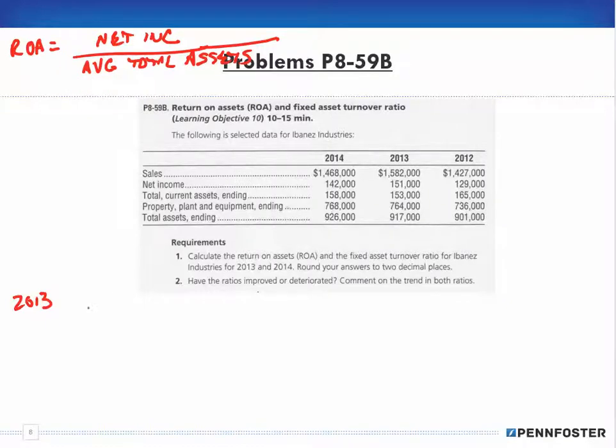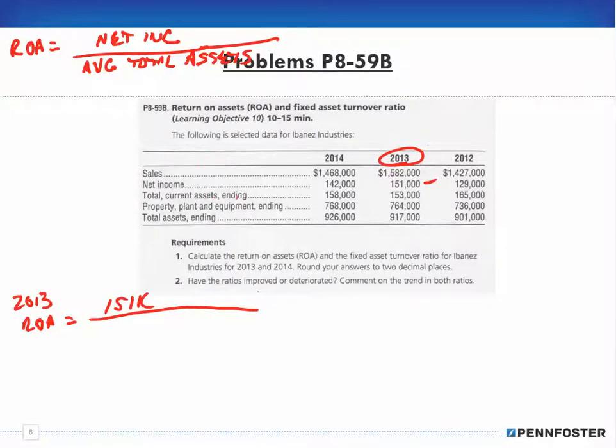So for the return on assets for 2013, I have a net income of 151,000, divided by my average total assets.